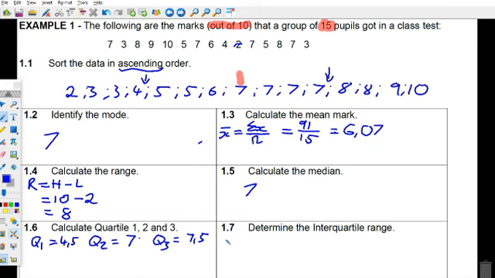So the interquartile range is my Q3 minus my Q1. So 7.5 minus 4.5 is going to be 3.